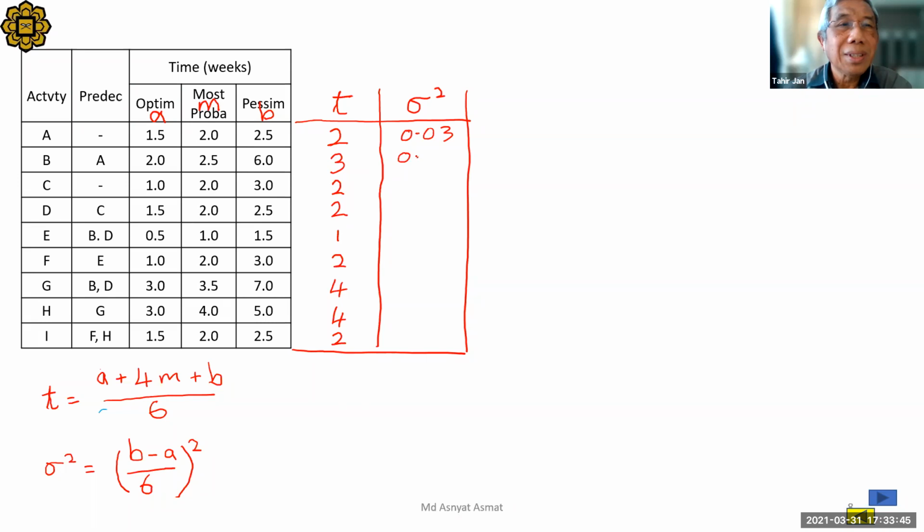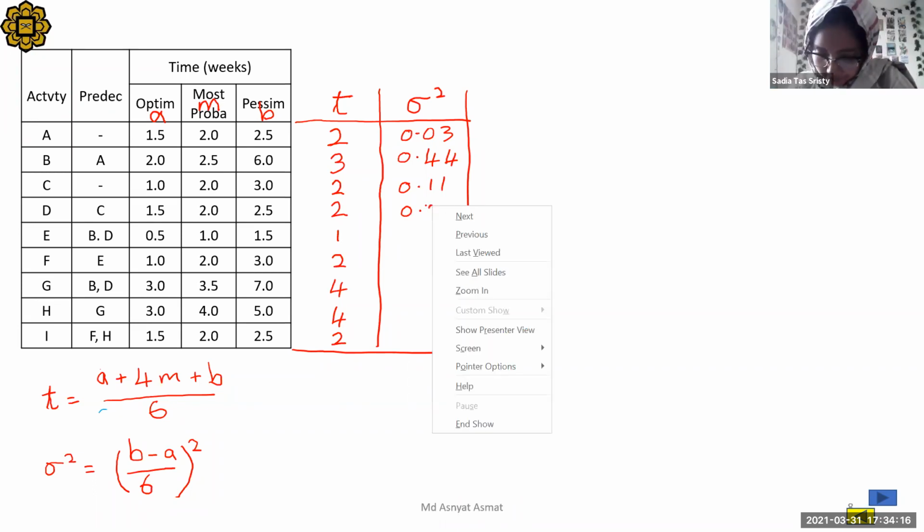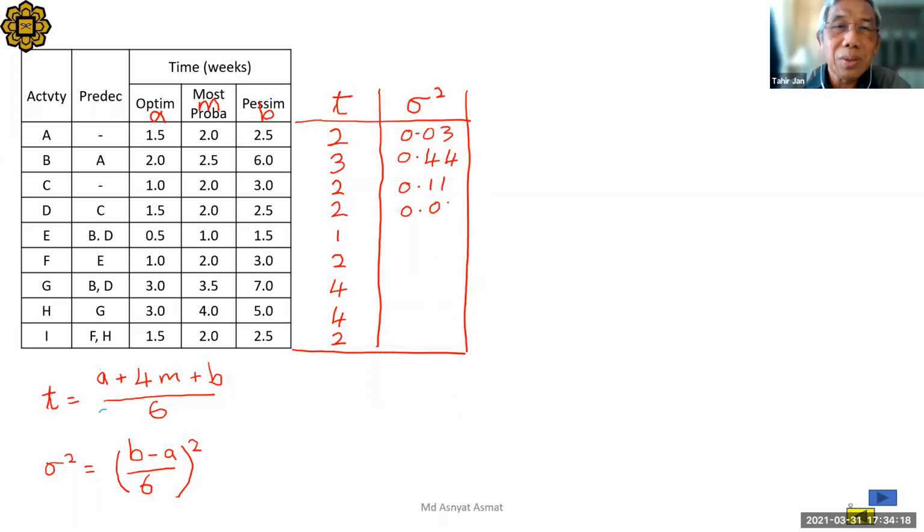Check again. 0.44. Yes, this one sounds right. And then the third one, 0.11. Okay, consensus. 0.027 or 0.28. Can I round it off to 0.03? Yes, we just take 2 decimal places, 0.03.